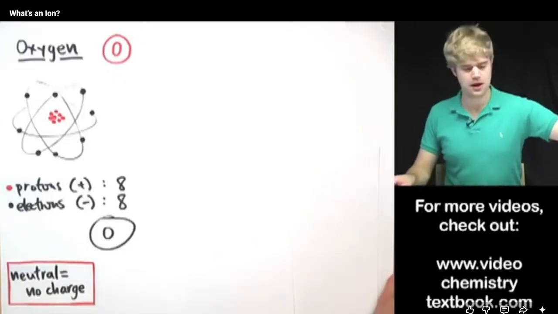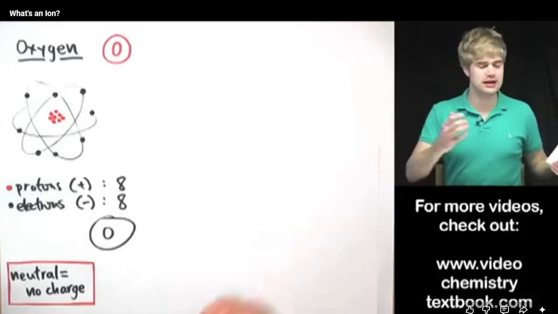So anytime we say we have an atom, we are assuming it is neutral, so it will have the same number of protons and electrons. The moment we change the number of electrons, it's no longer called an atom, it is called an ion. So when we change the charge, it becomes an ion.